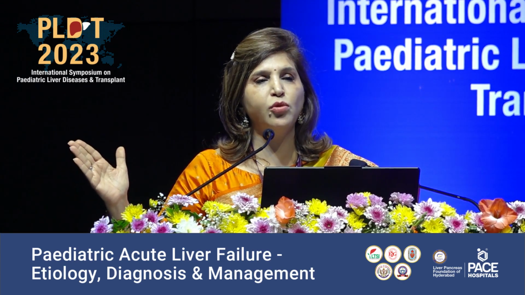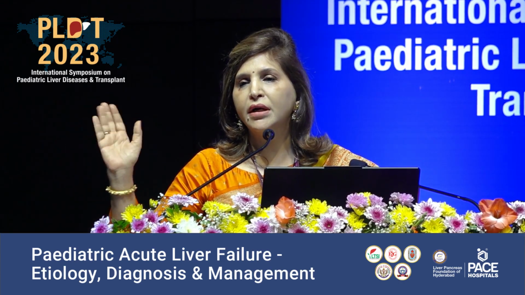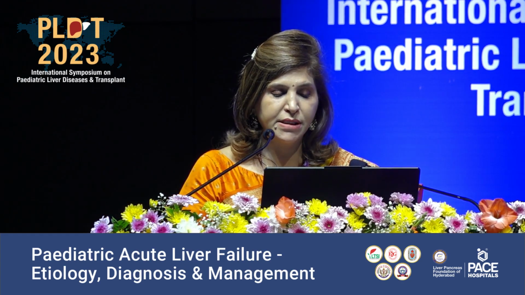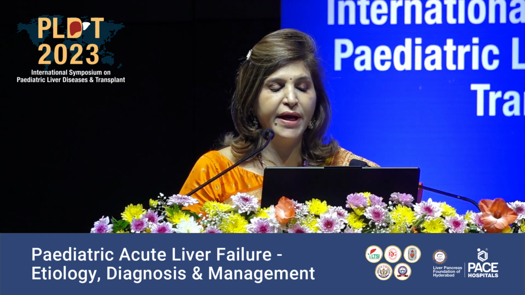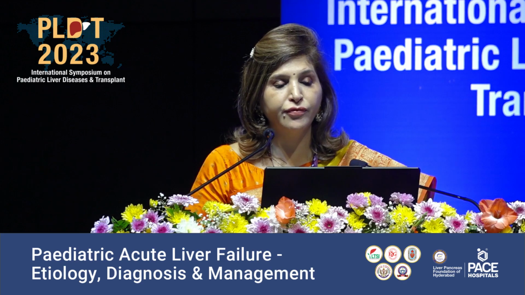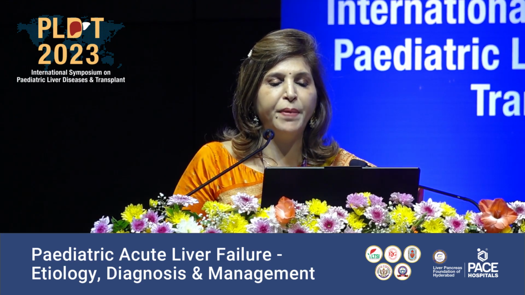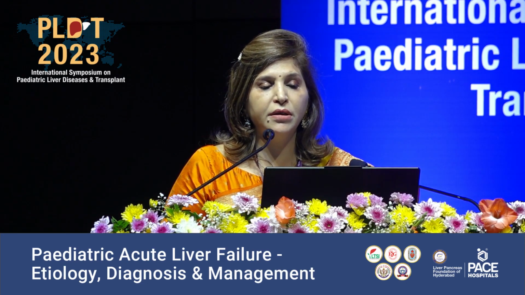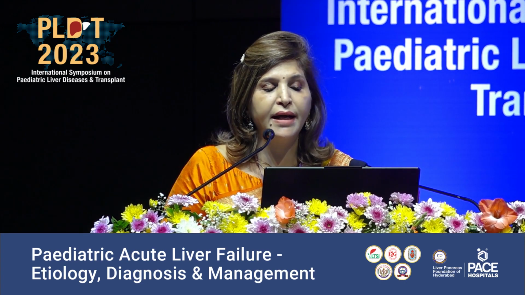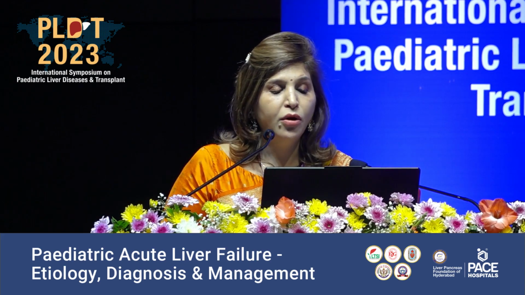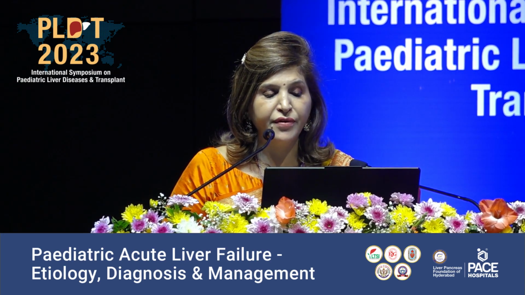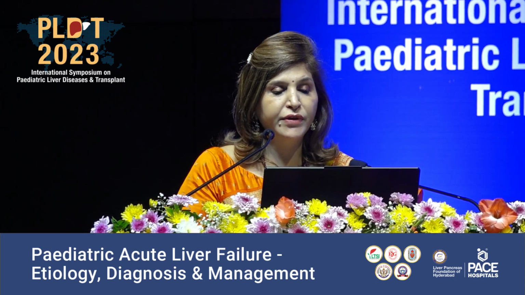By INR more than 4, you start your preparation for transplant in a child, and factor V less than 20% of normal. There has been a lot of work with different papers on predicting factors like high lactate, low phosphate, factor V, and alpha fetoprotein.